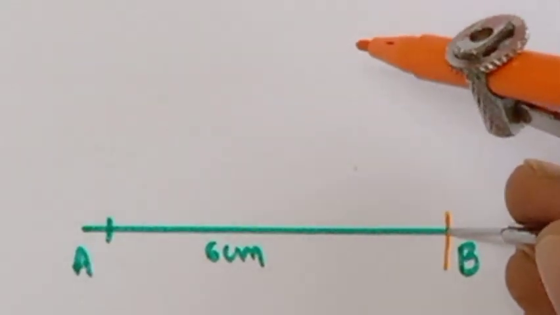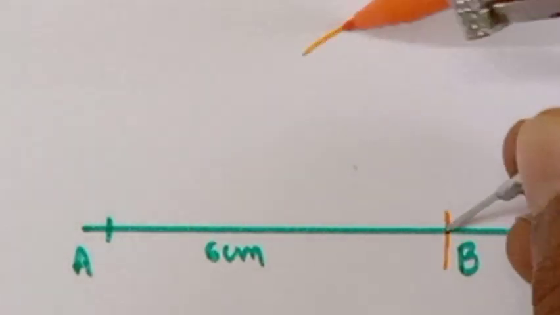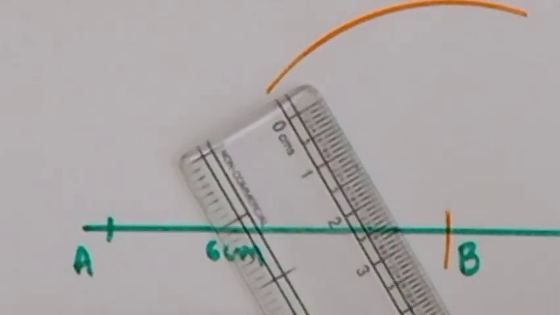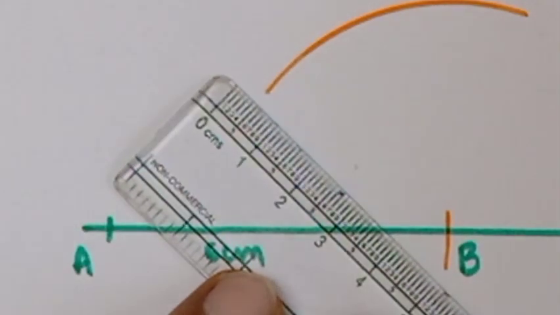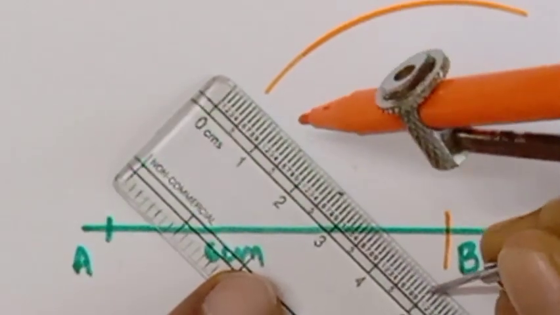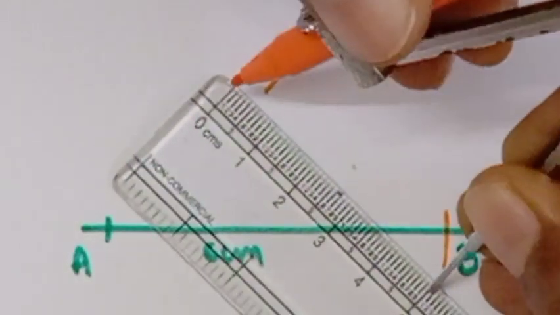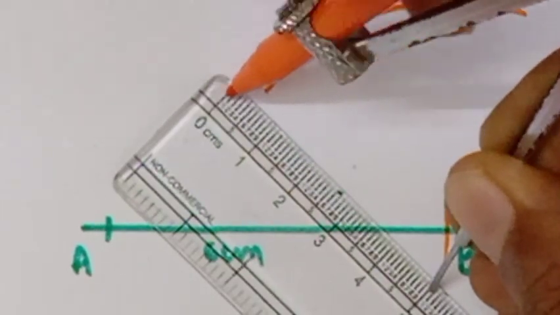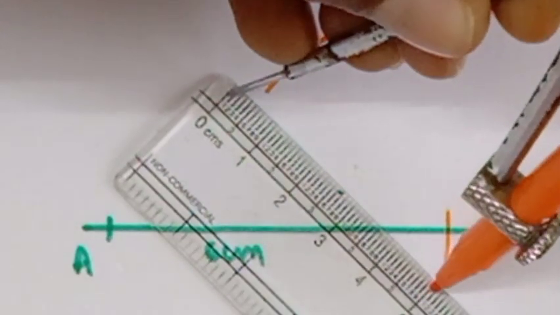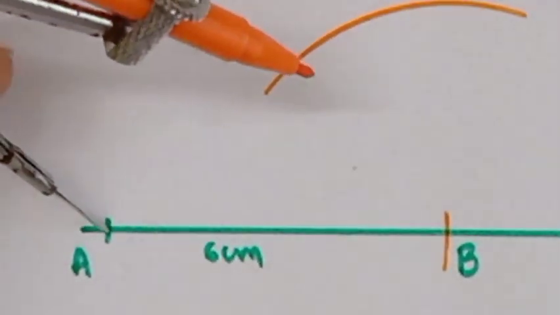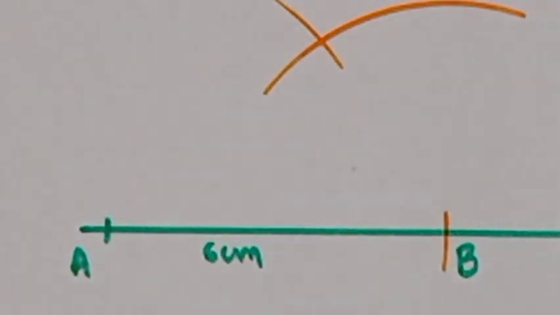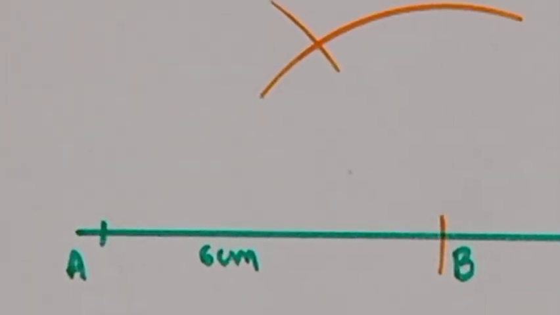From B, I am drawing a 4 centimeter arc, and then here another one is 5 centimeter. If not, you can take from this point and adjust it to 5 centimeter. Yes, it is correct. Exactly, it is 5 centimeter. And now let us join all the points.